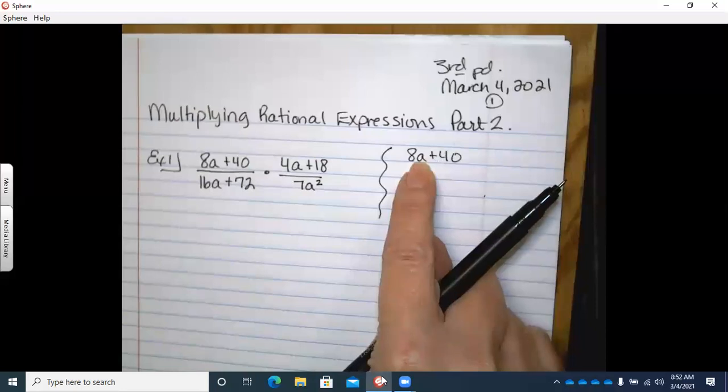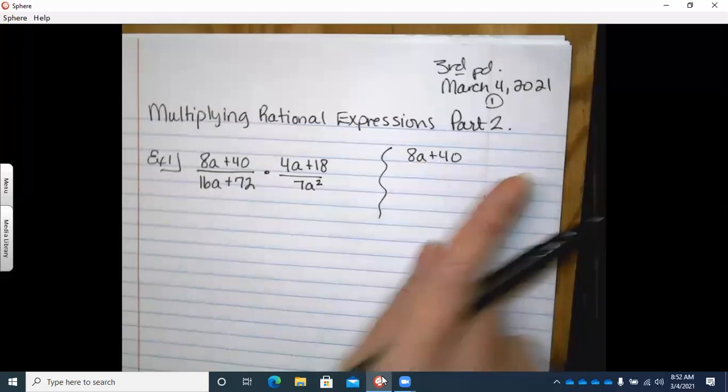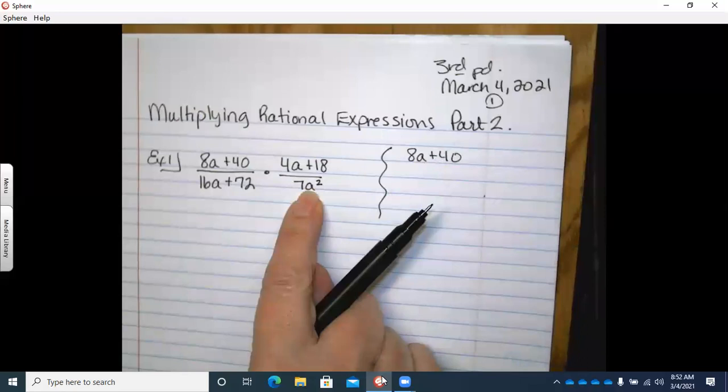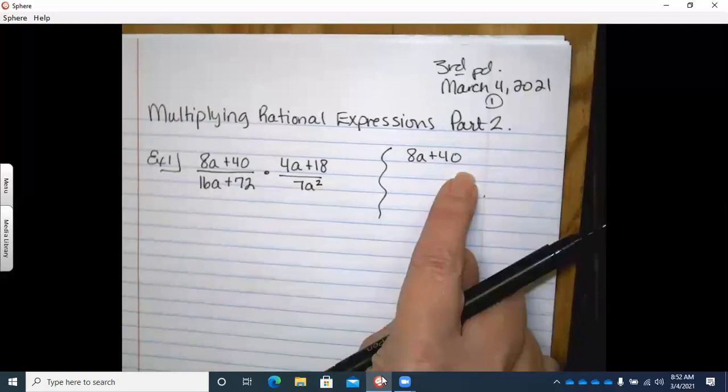So we say that this expression has 1 degree, and 1 degree we call linear. If I had 2 degrees, like 7a squared has 2 degrees because a's exponent is 2, that's called a quadratic. If it's linear, the only way to factor it is if it has a greatest common factor. If it doesn't, then it's not factorable, okay?